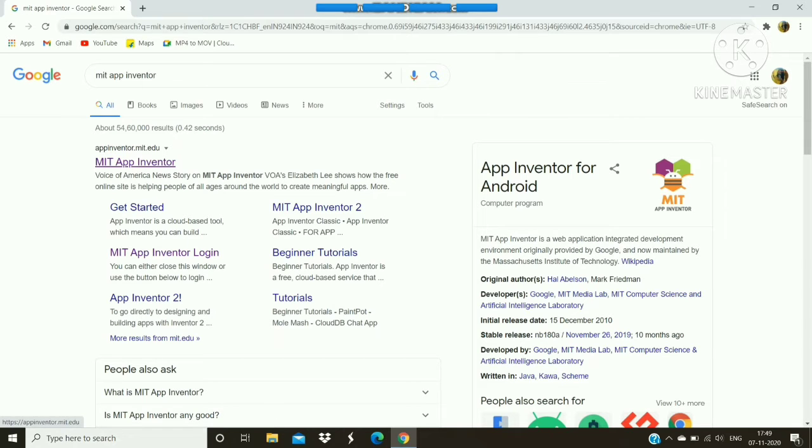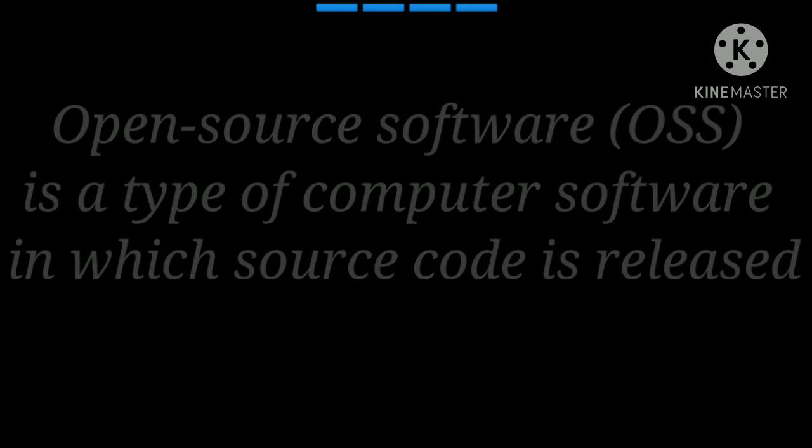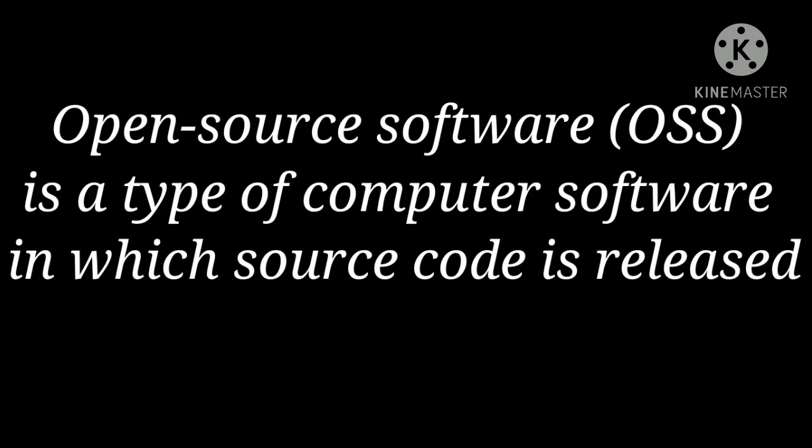App Inventor for Android is an open source web application, and it was originally provided by Google. So what is an open source web application? Open source software is a type of computer software in which source code is released. That means the code which is made to make a program.